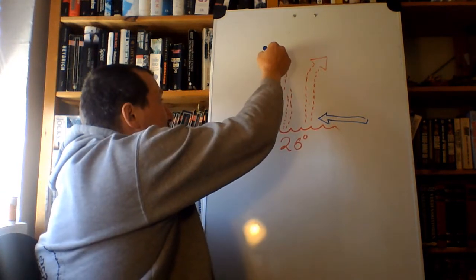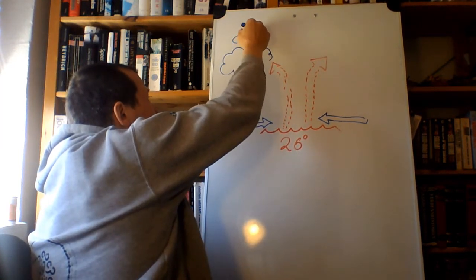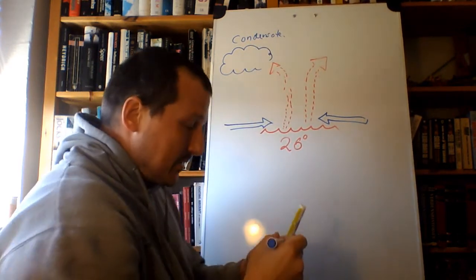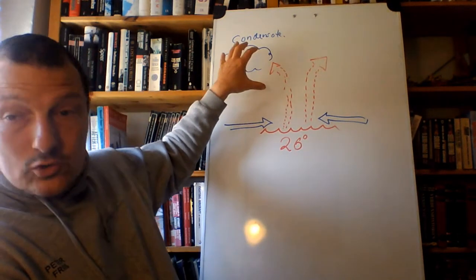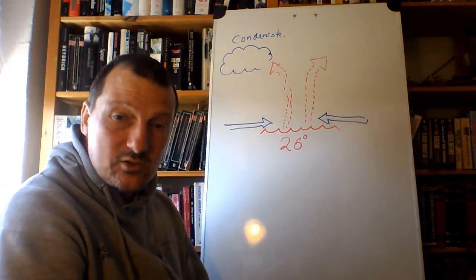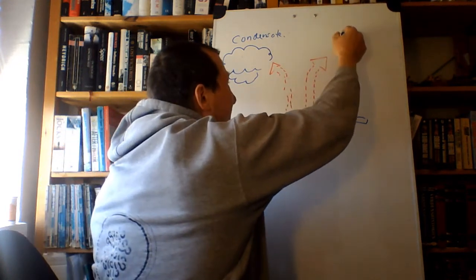As the hot air rises up here, it will start to condensate. As it gets higher up in the atmosphere, it will cool, and when it cools, the water vapor will condensate into drops and we'll start to have a cloud formation of high clouds here.